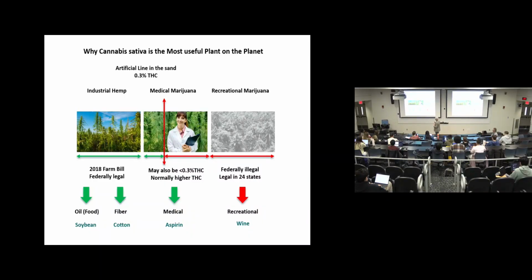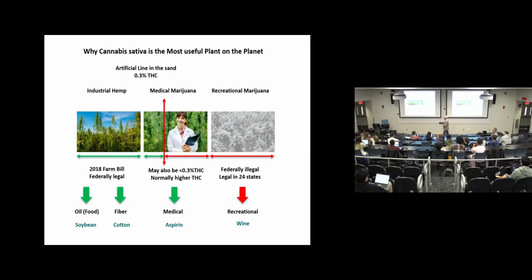Now, the thing about the medical marijuana is it sort of spans two major areas, okay? Because the whole of the cannabis sativa world is split into two halves. The hemp half, which is below 0.3% THC, and everything else, which counts as recreational, which is federally illegal, which is above 0.3% THC.